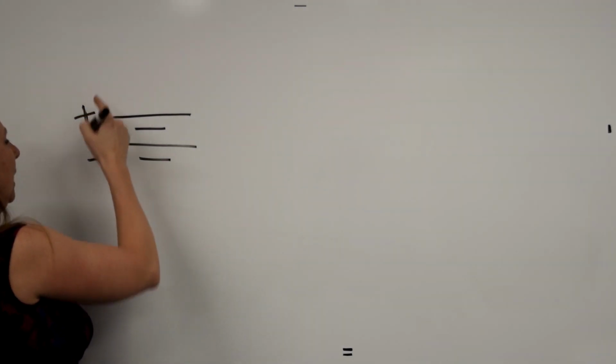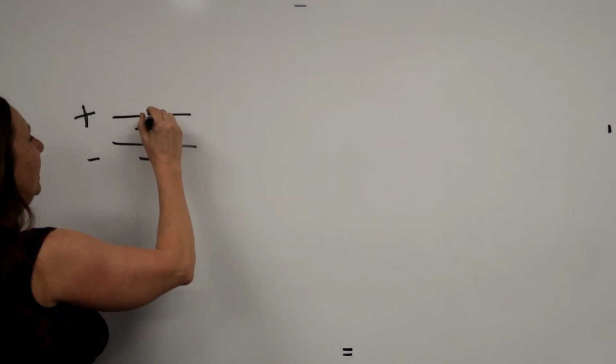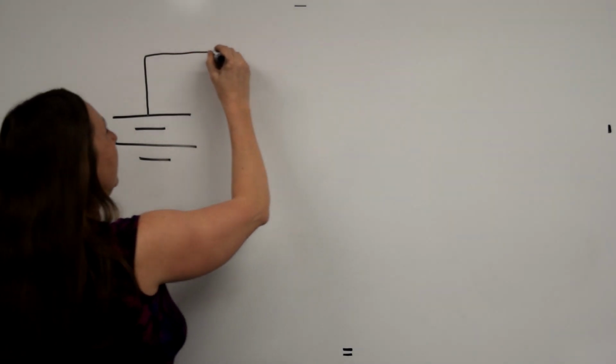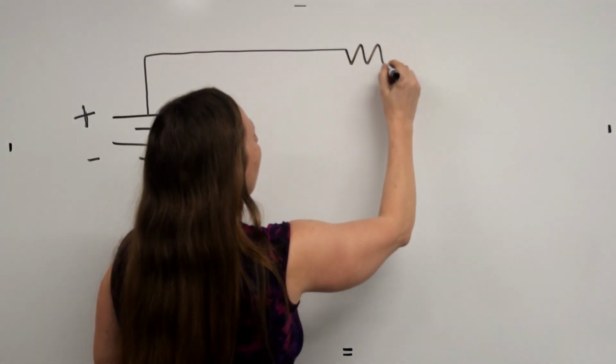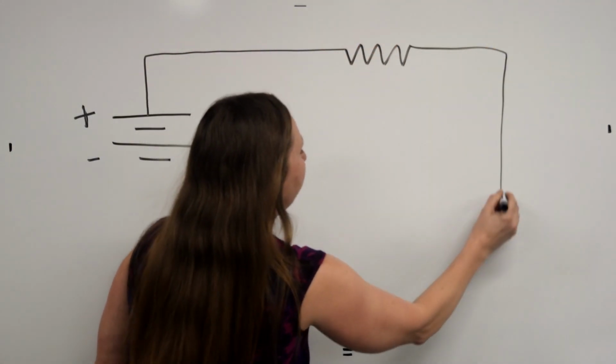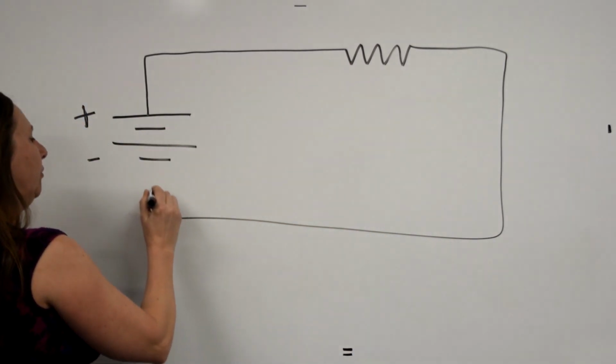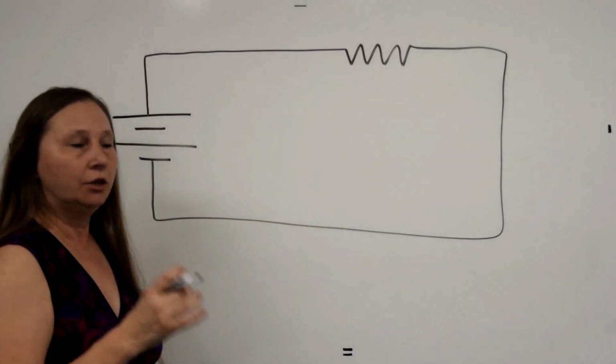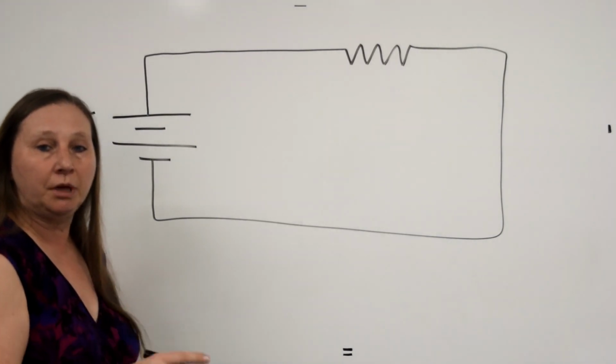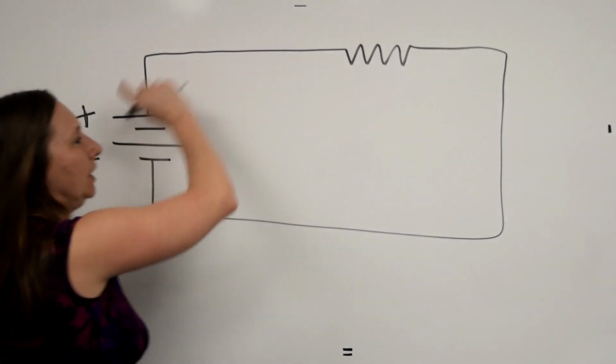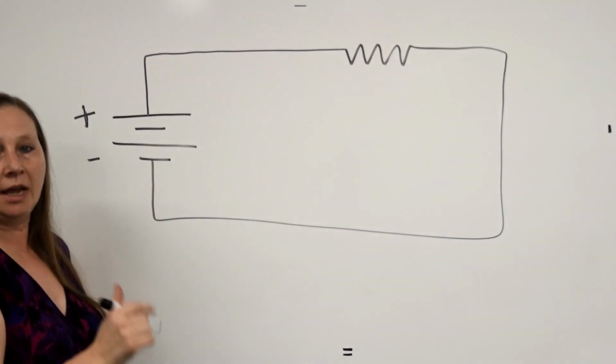So here's the positive, here's the negative, and I can have the wire extending out from the positive. I'll put in one little resistor, and then go right back to the battery, thus closing the circuit. The circuit has to be closed. It has to start and end in the same place.